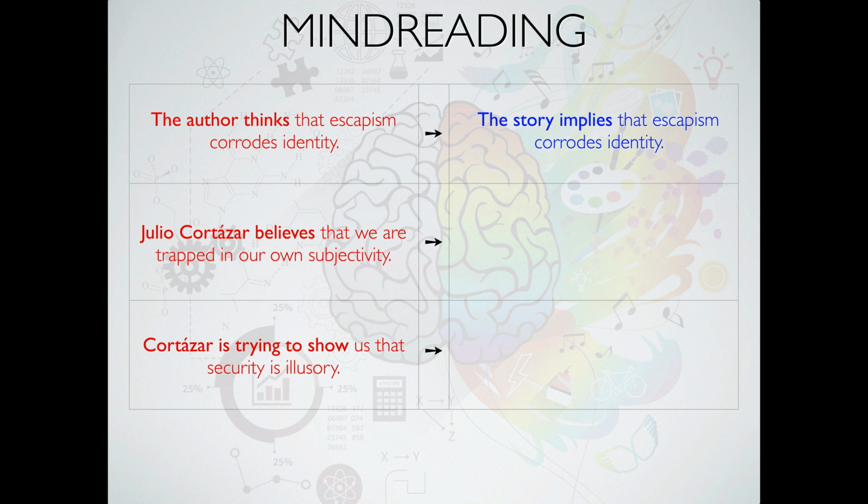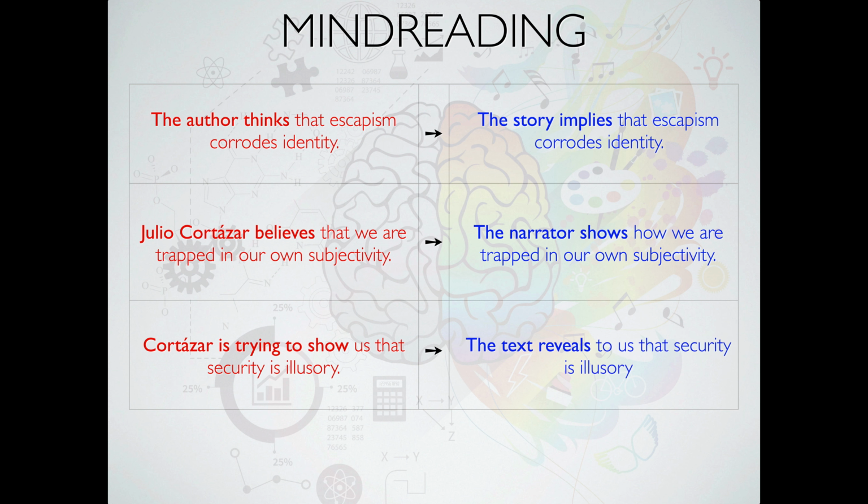You don't know what Cortázar himself believed, but you can show how the narrator's point of view traps the protagonist in a recursive subjectivity. And instead of "Cortázar is trying to show us that security is illusory," you could write, "The text reveals to us that security is illusory." You don't know what Cortázar himself was trying to show, but you can interpret the text's symbols, like the jungle and the hospital.